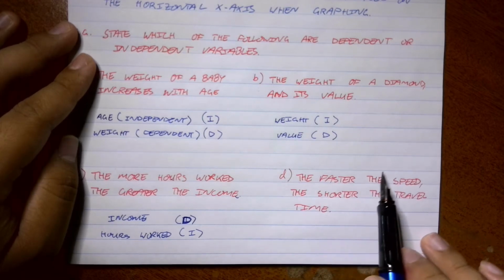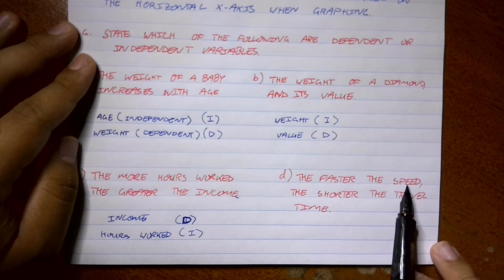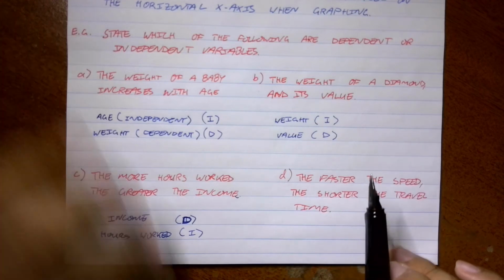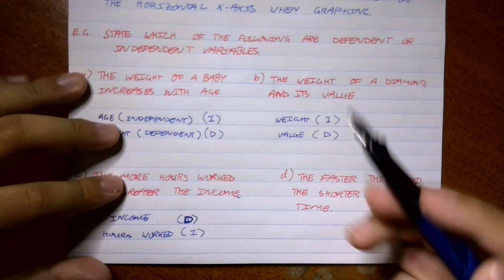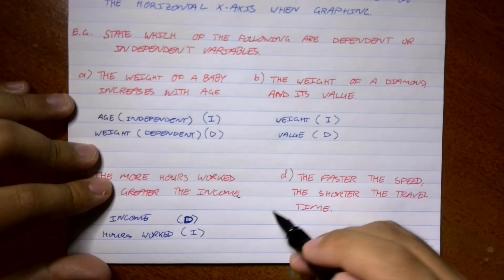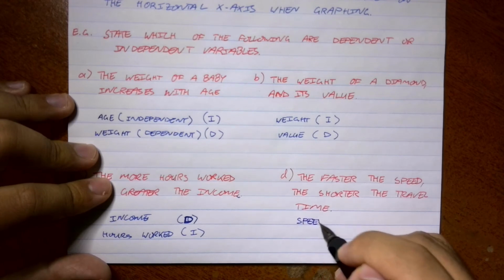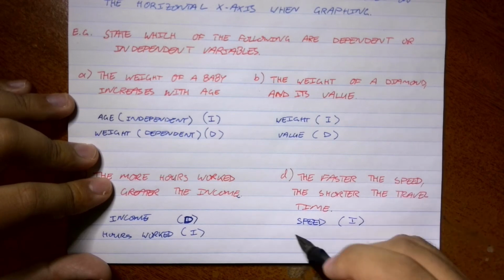Let's think about it. If we travel faster, so the faster and faster we go, can we get there in a shorter amount of time? I think that is the one that makes more sense. So that means the speed must be the independent variable, and travel time is the dependent variable.